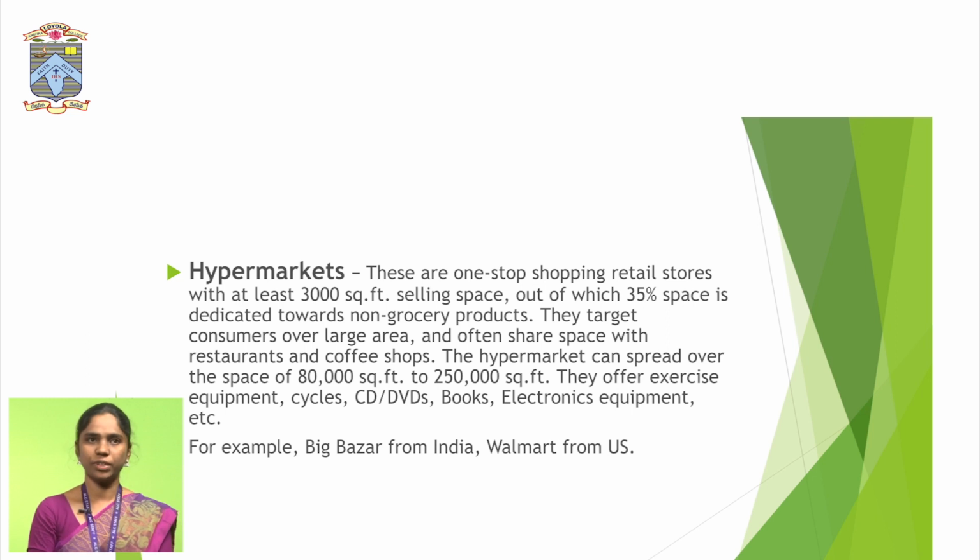Here we have different departments for each product. For electrical appliances we have one department, for groceries we have another. So here it is not clumsy; for each product we have a different department.